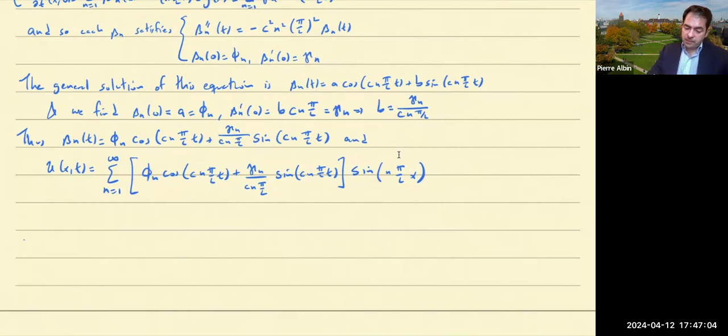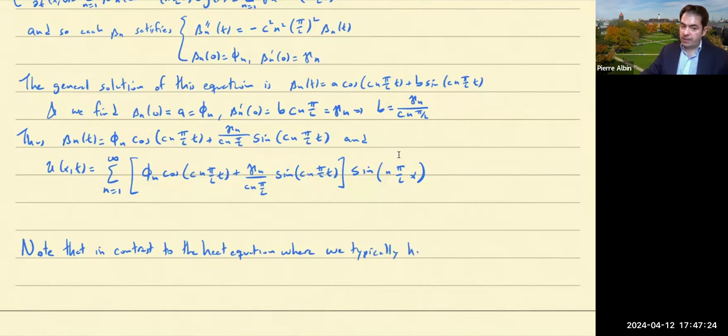One thing that's worth noticing, in contrast to the heat equation, where we typically had coefficients like e to the minus sigma n pi over L squared times t, which decay as t goes to infinity.